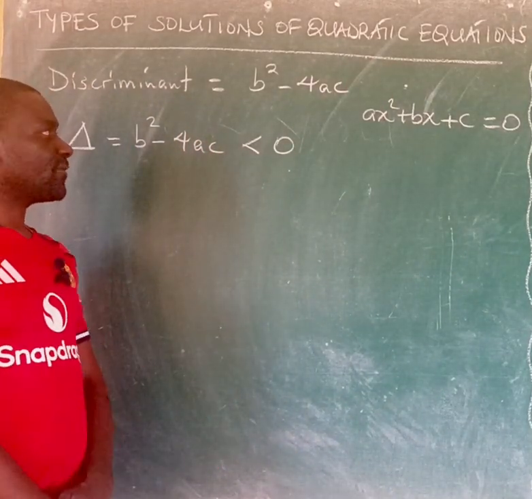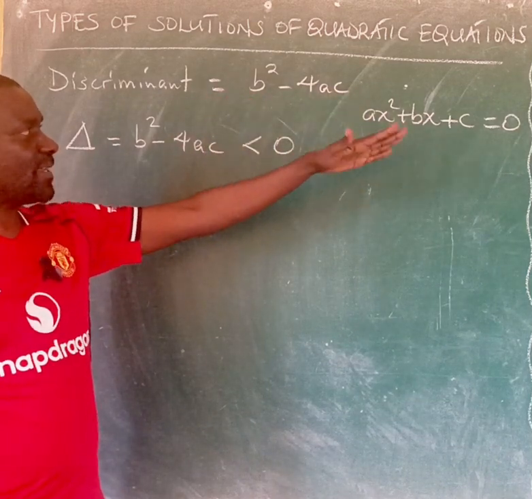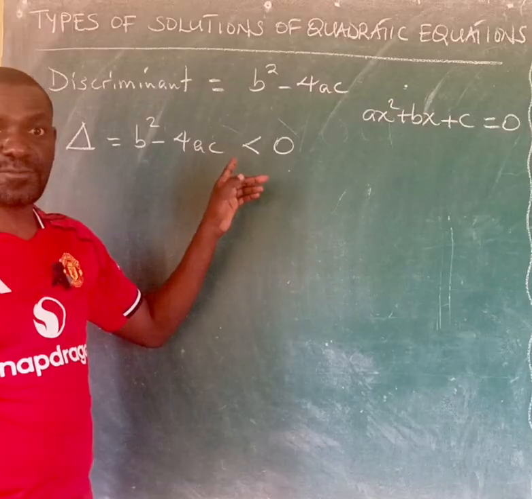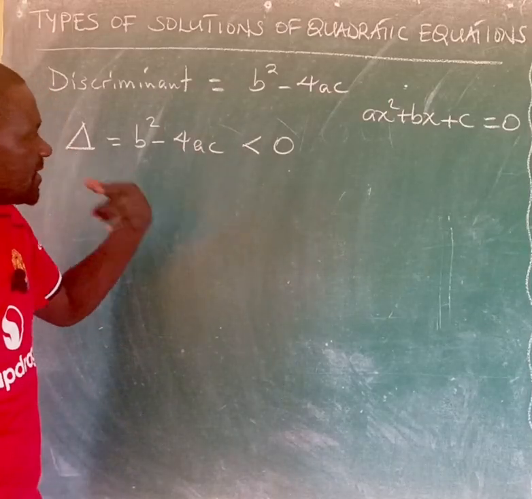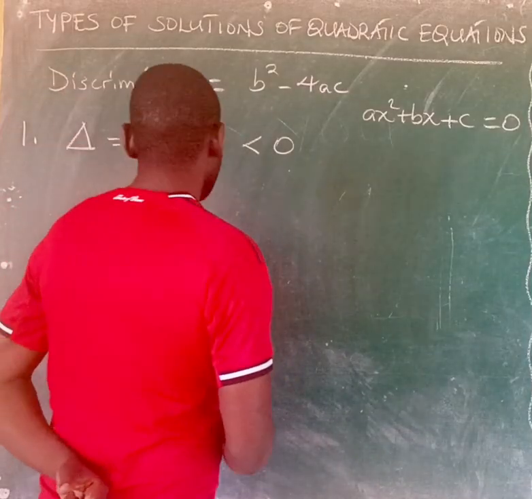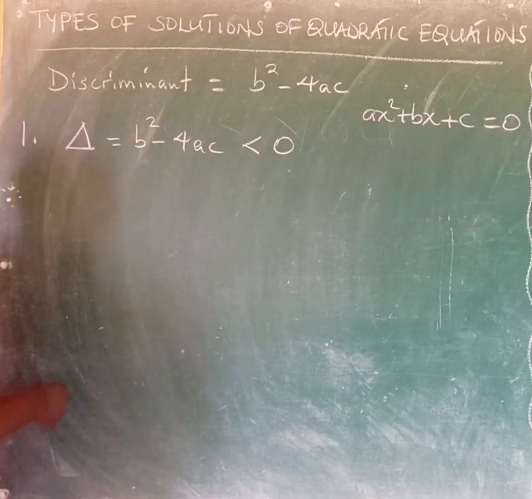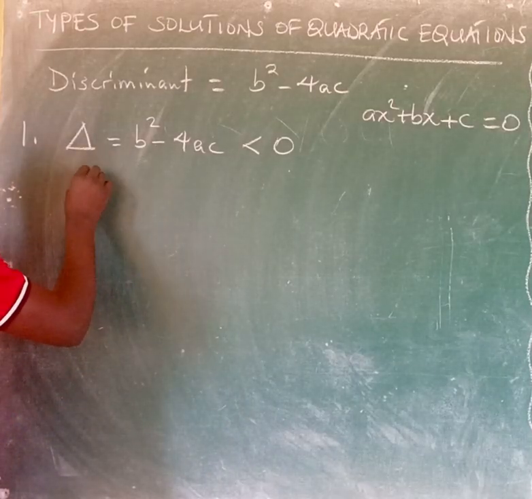So in that quadratic formula, if you put the values for a, b, and c, and they give you a value which is less than 0, then what it simply means is that this type of quadratic equation will have no real solutions.